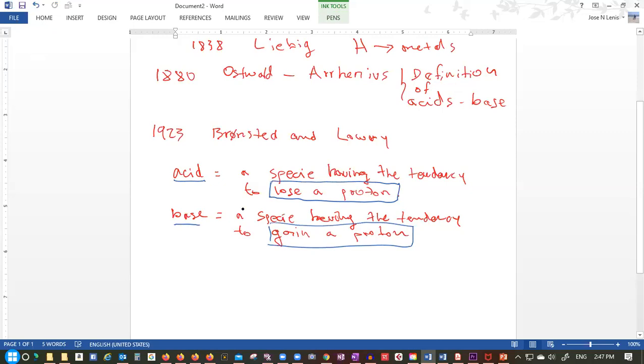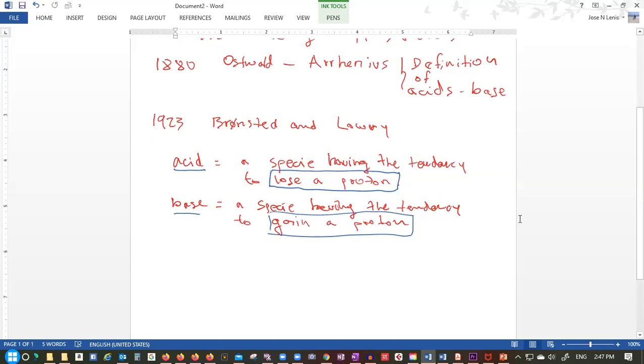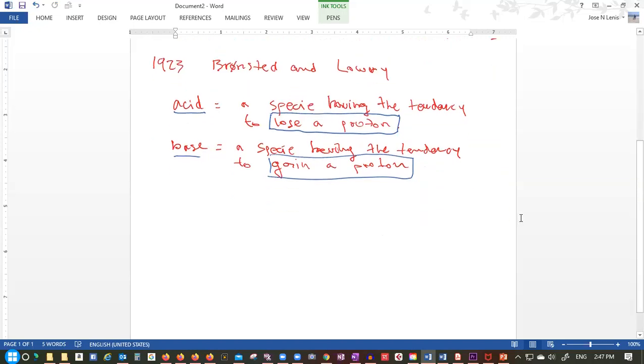We are going to stick with this definition for a while. This is the definition we commonly use to define acids and bases nowadays. So what is the meaning of this? Losing or gaining protons. What is a proton here?